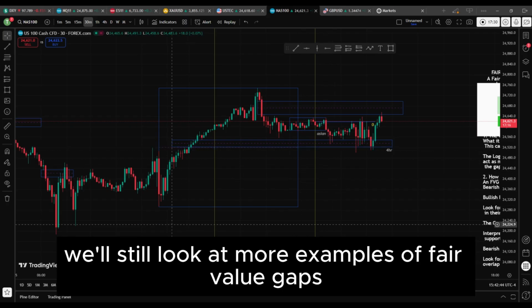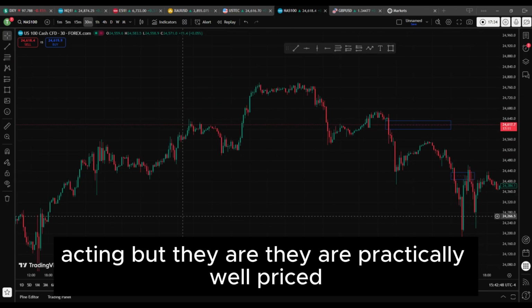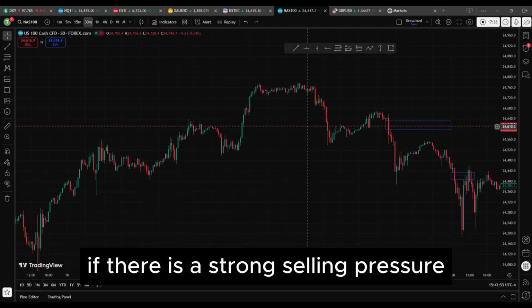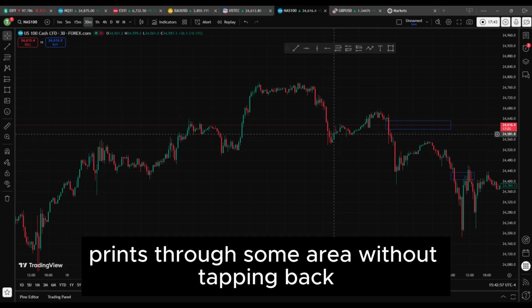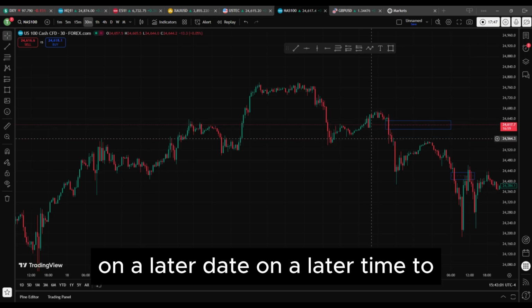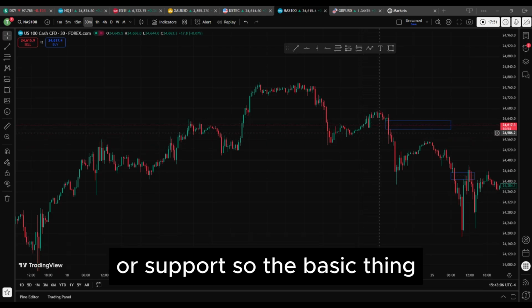We'll still look at examples of fair value gaps acting, but price had a strong selling pressure. The price moves through some areas without tapping back, and we wait for the price to return there at a later time, for us to see whether it's going to act as resistance or support.